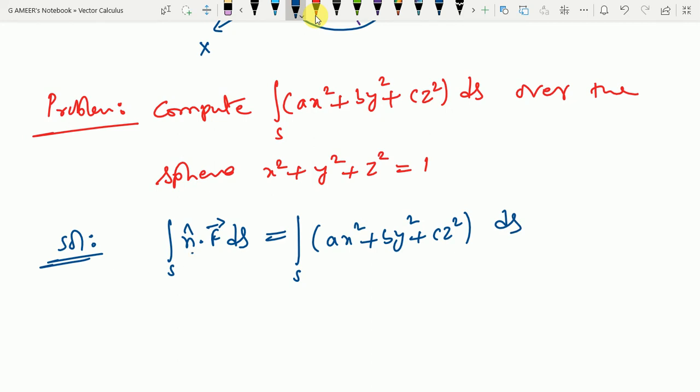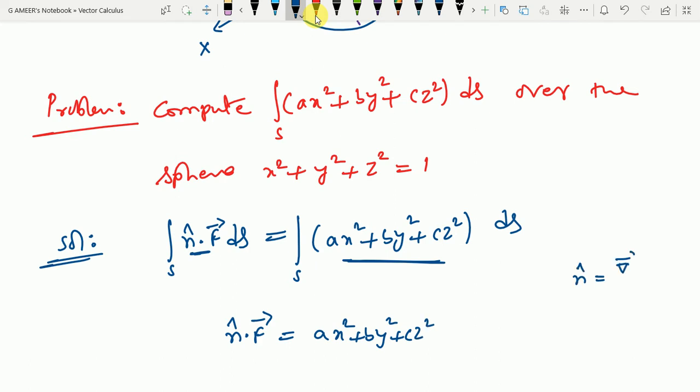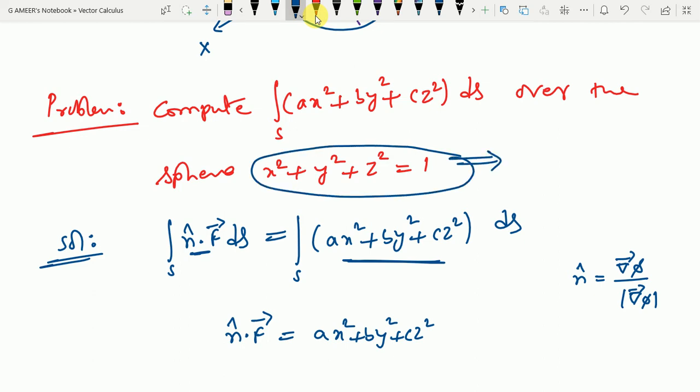Now n dot f will be this much. So we can simply write normal dot f is equal to ax square plus by square plus cz square. Then how to identify the normal here? This normal, everybody knows, is the gradient of phi divided by the magnitude of the gradient of phi. They have given the equation of the surface, so let's say the surface is phi equal to x square plus y square plus z square minus 1.